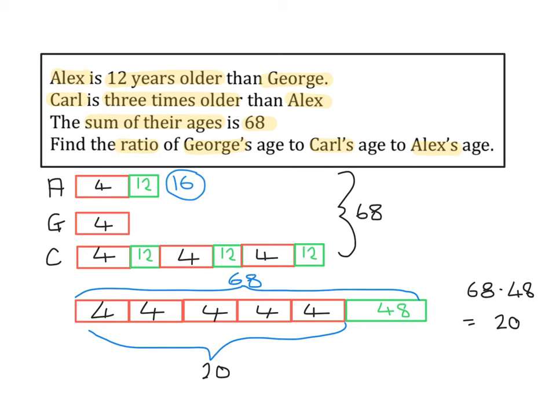We've got the total for George is just the 4. And we've got the total for Carl is 4 add 12, which is 16, add 16, which is 32, add 16, which is 48.